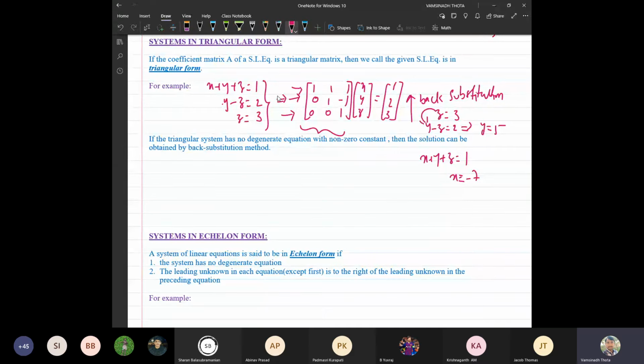Suppose it is a lower triangular matrix, then you need to do forward substitution. That's all. Backward substitution in case of an upper triangular system, and forward substitution in case of a lower triangular system. It is a matter of simply evaluating each equation and substituting it in the next equation.